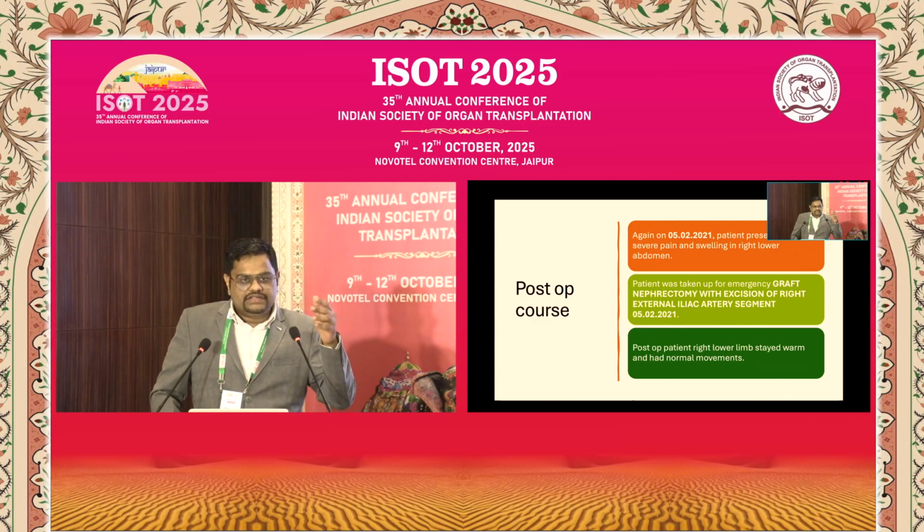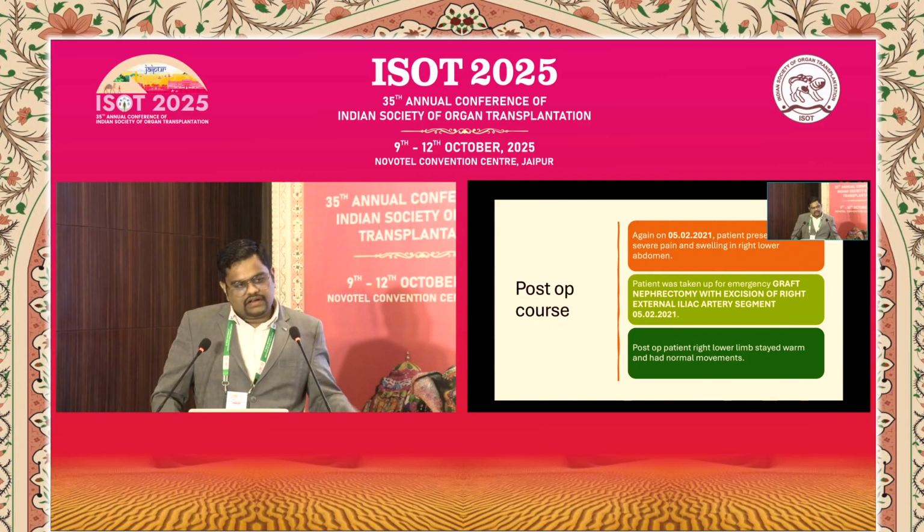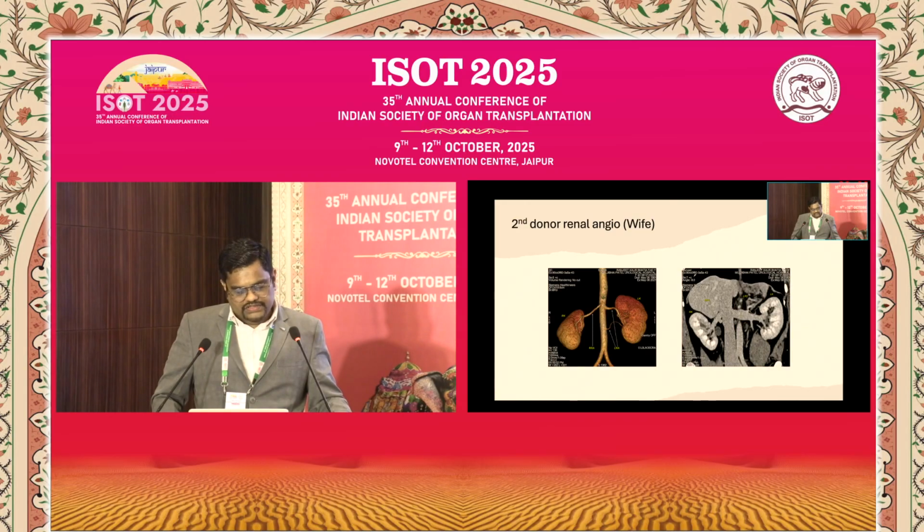Now we knew that this was not going to be salvaged because of the vascular involvement by the fungus. So this time we did a graft nephrectomy. We excised that part of the external iliac artery, and luckily the patient postoperatively did not have any right lower limb peripheral vascular disease. The limb stayed warm, and there was good movement. So a second transplant was decided, and this was wife to husband.